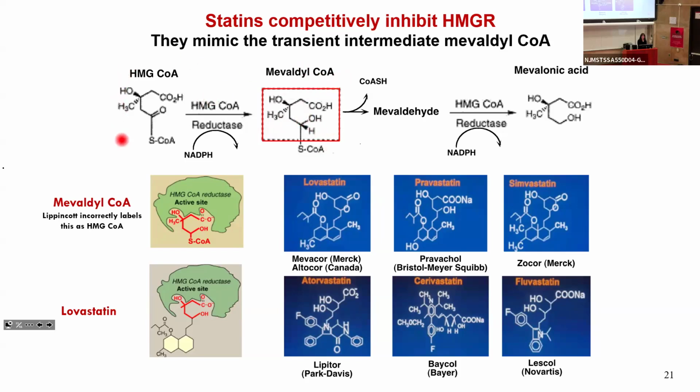So HMG-CoA reductase is converting HMG-CoA, shown here on the left, and then ultimately it forms mevalonic acid. But in order to do that, there are a number of little transformations that go on in the meantime. HMG-CoA gets converted to mevidyl-CoA, gets converted to mevaldehyde, and then to mevalonic acid.